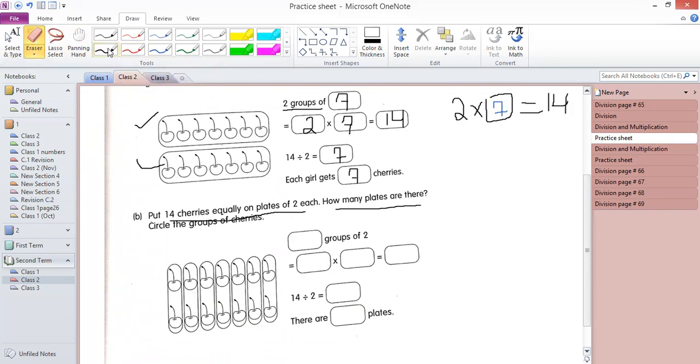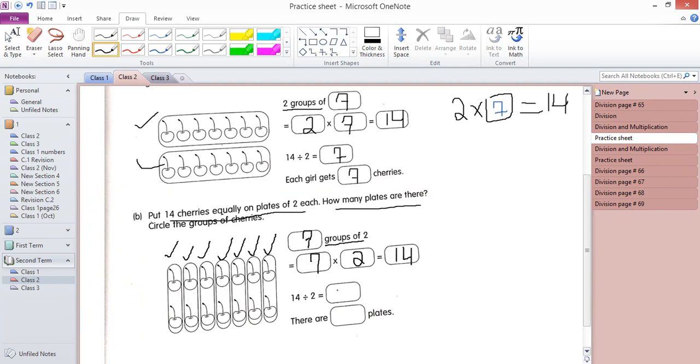Again, guys, first you will find out that there are dash groups of 2. How many groups of 2? 1, 2, 3, 4, 5, 6, and 7. There are 7 groups of 2. 7 groups of 2 means 7 multiplied by 2, same as 2 multiplied by 7, which is 14.